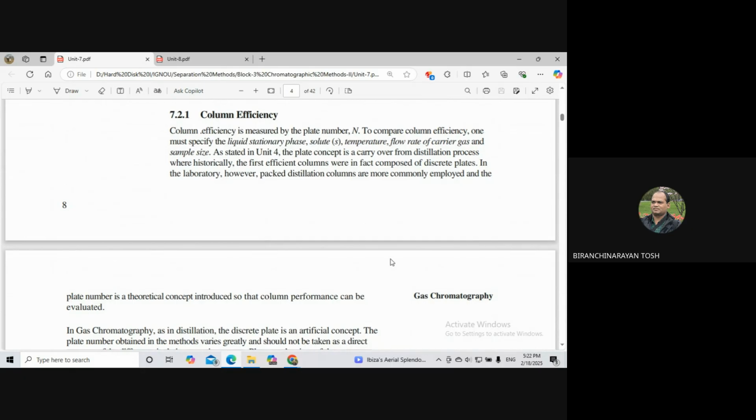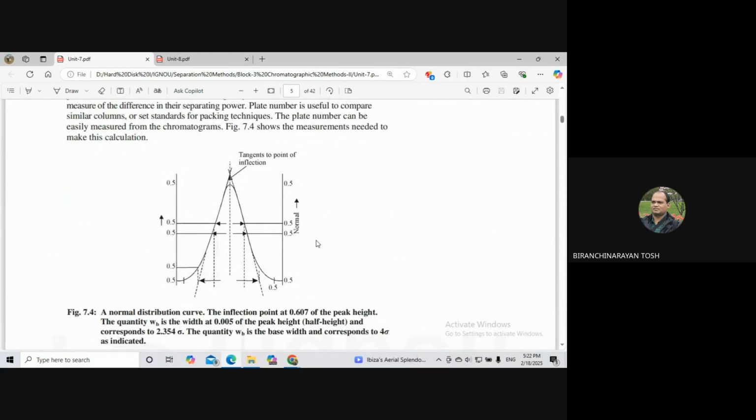So this figure shows the normal distribution curve. The inflection point here is at 0.607 of the peak height. You can see here the measurements that need to be made in the calculation.